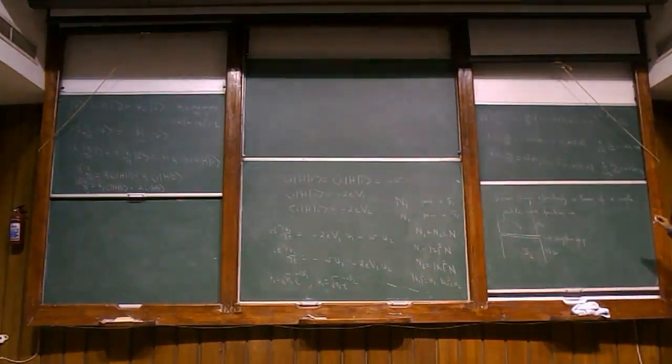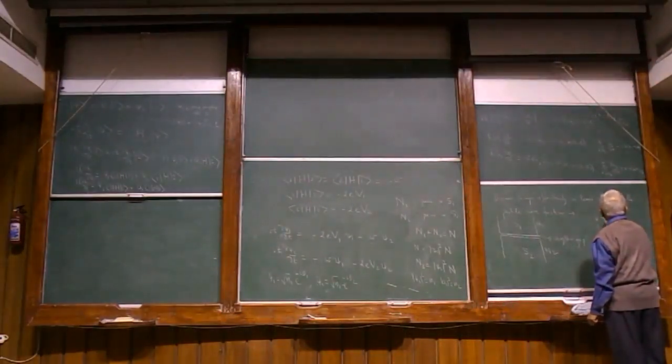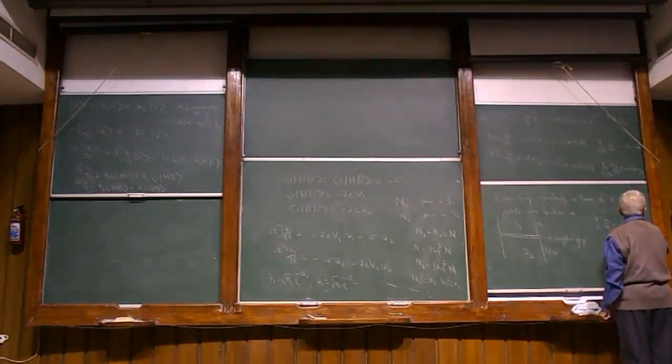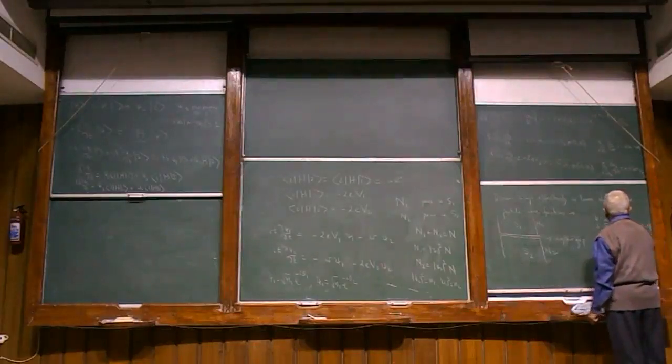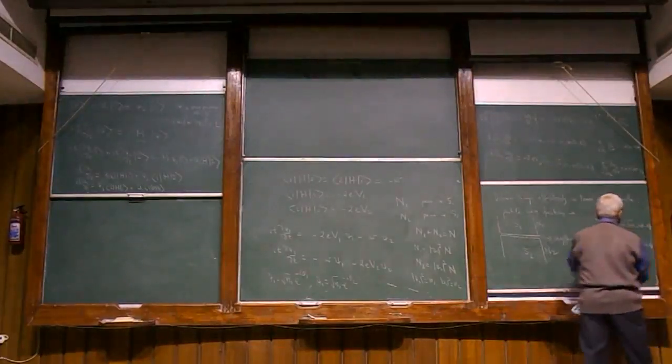Now you note that from here, as expected, h bar over 2 del N1 del T is equal to minus W square root of N1 N2 sine of theta 1 minus theta 2, and h bar by 2 del N2 del T is equal to W square root of N1 N2 sine of theta 1 minus theta 2.